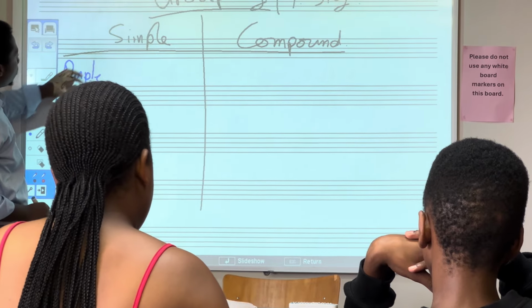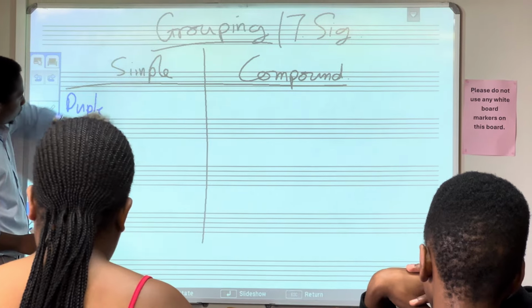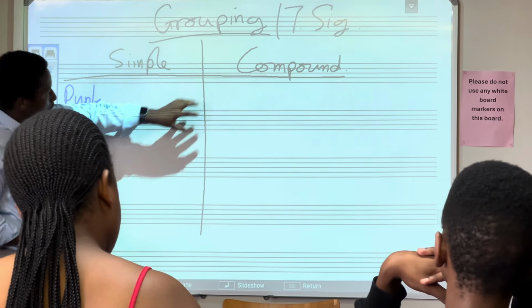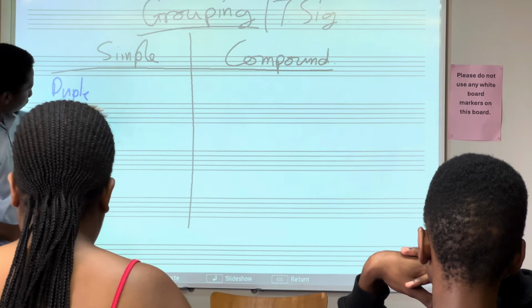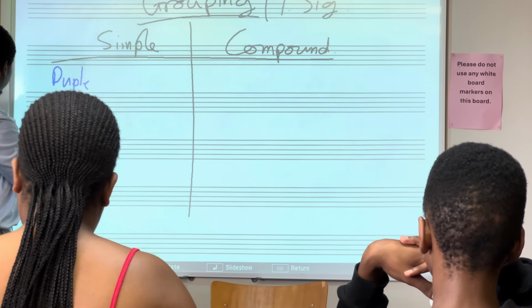So you can have simple duple, simple triple, simple quadruple. You can have compound duple, compound triple, compound quadruple.